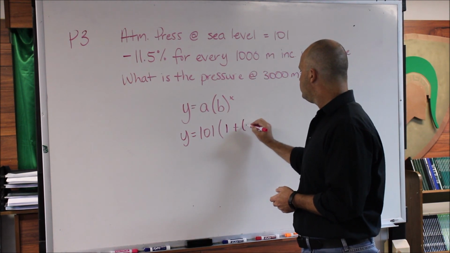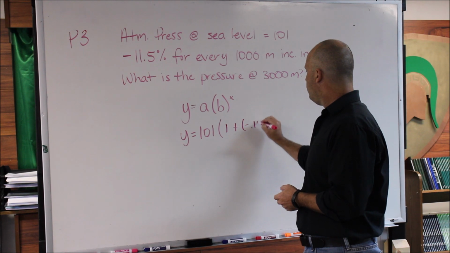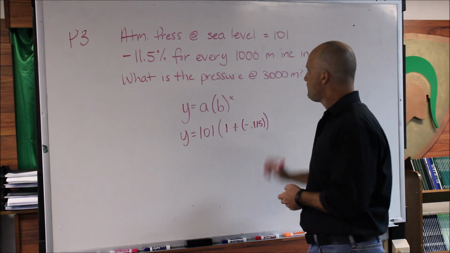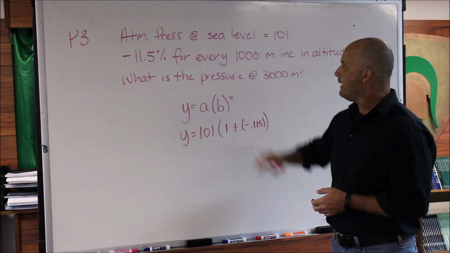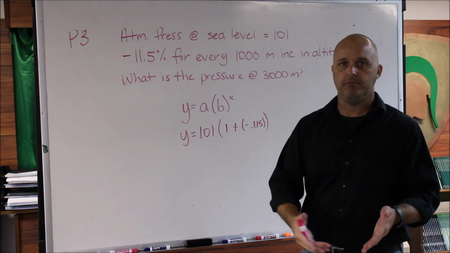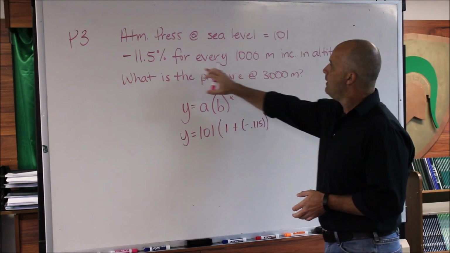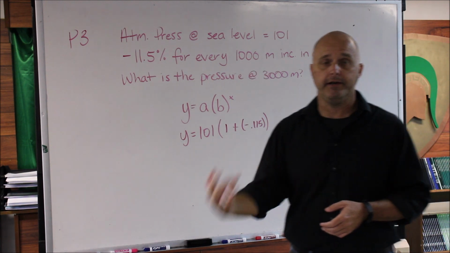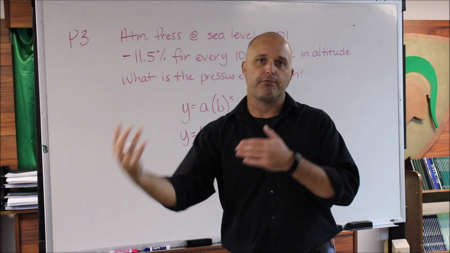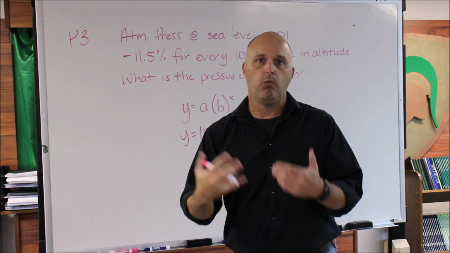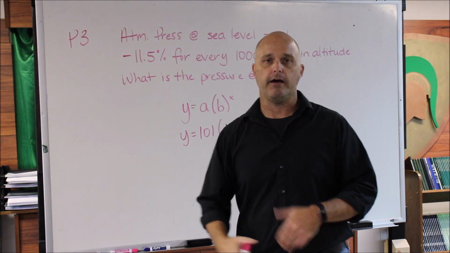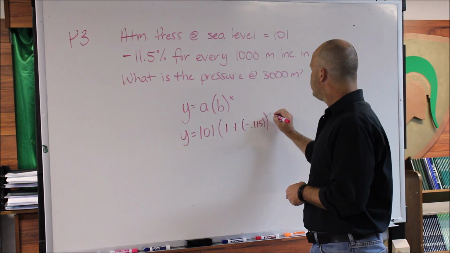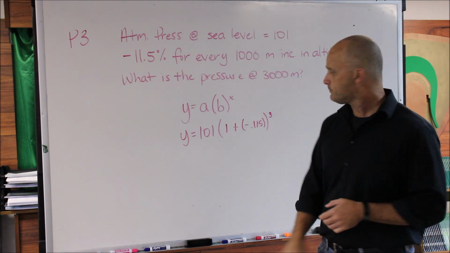So 1 plus negative 0.115. And then our x is going to be 3,000 meters, but we're looking at minus 11.5% for every 1,000 meter increase. So if we go up 3,000 meters, how many 1,000 meter increases do we have? We have 3, so that's going to be our exponent.